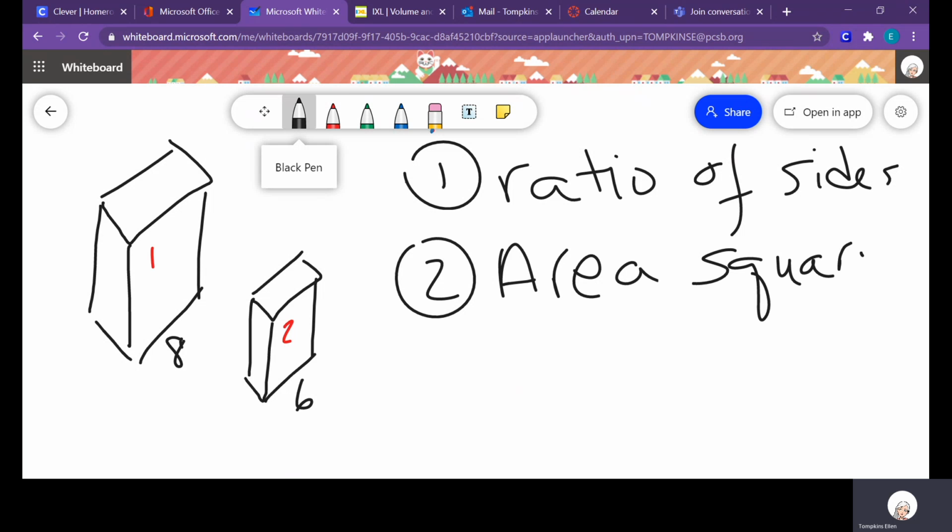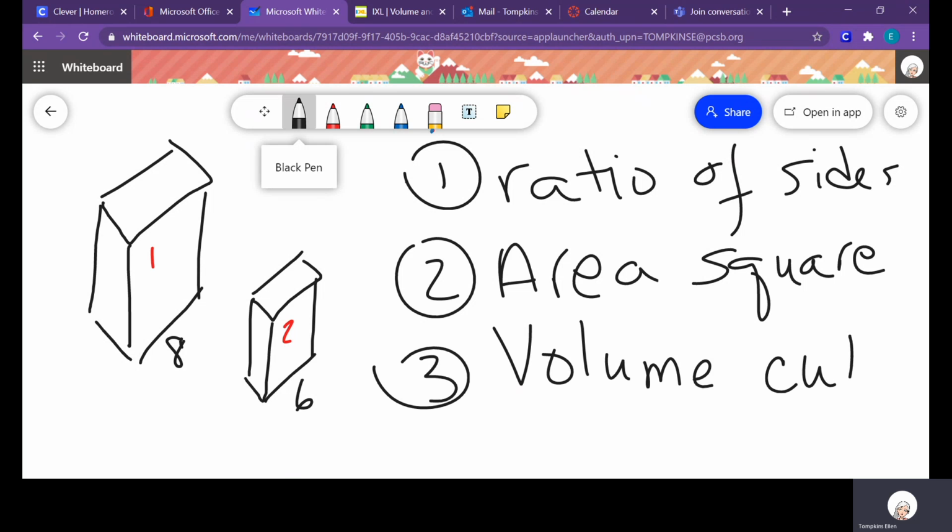And remember that squaring hits the top and the bottom number. If it is volume, you just cube it. And then you go ahead and set up the proportions. Make sure you set up the proportions so that you have everything match.